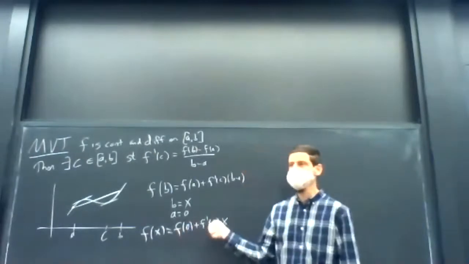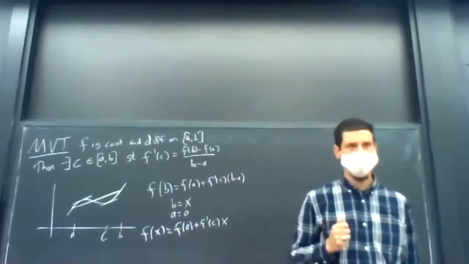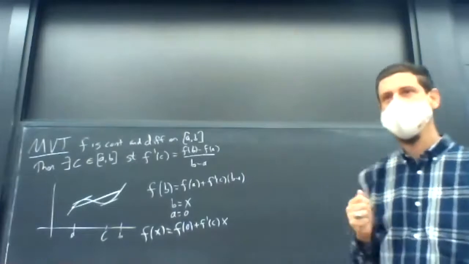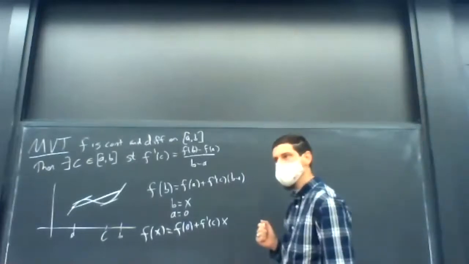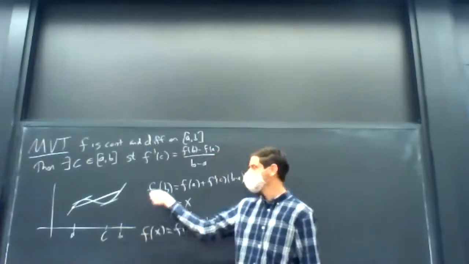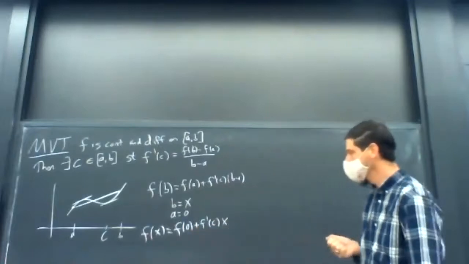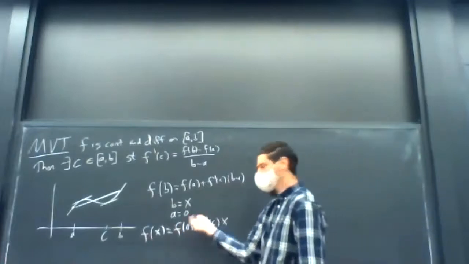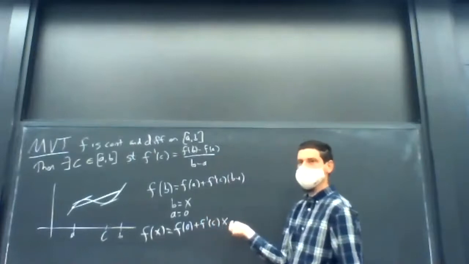What is your concern about this? Why is this not the greatest theorem of all time? What could be better? So there is some c between a and b such that f of x is f of 0, where you start, plus the speed at time c times how much time has elapsed, x.